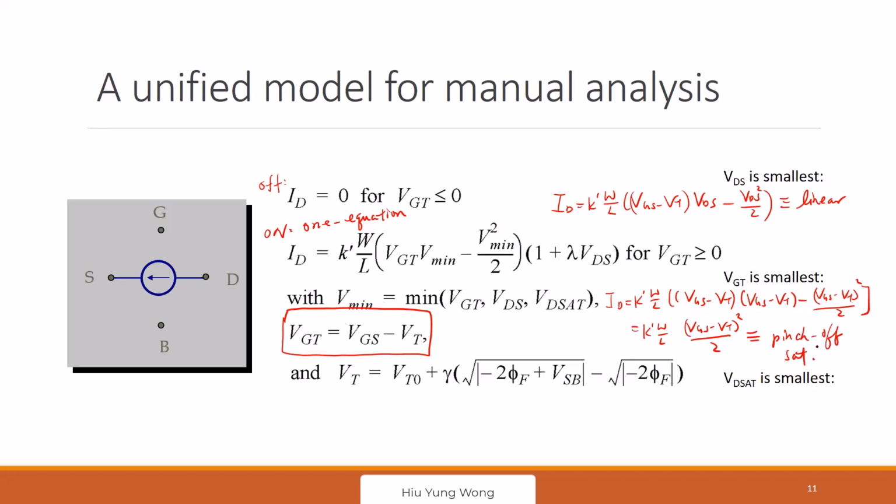Is this okay? I have a question regarding the Vmin. So in order to determine whether it's VGT or VDS or VDSat, do we just have to do trial and error and test each one, or is there one that's typically going to be Vmin most of the time? You need to do trial and error, but based on the equation, for example, if the voltage is small or the gate length is short, then maybe you will start with VDSat because you assume it's in velocity saturation.